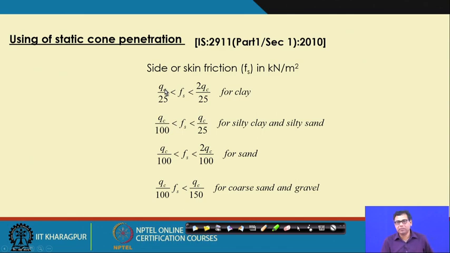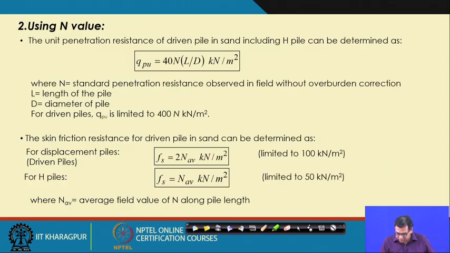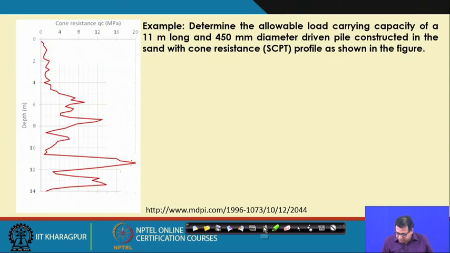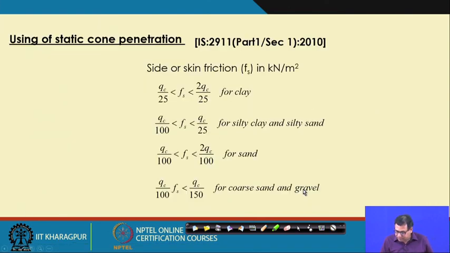Now, the last thing that I want to explain is that the average QC you will get like the previous method. You take the average QC value throughout the length of the pile. Now, it is sand. For the first method, it was calculated that your Q average for 0 to 11 meter was 3642 kilonewton per meter square.